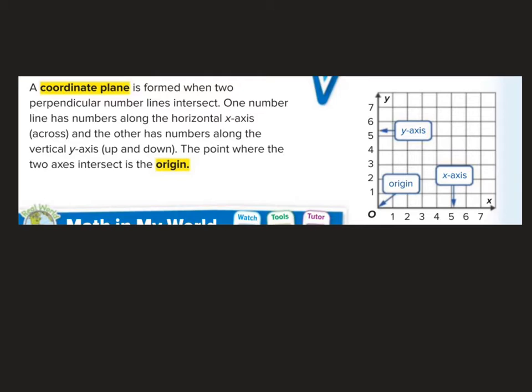Here we have a coordinate plane, and it's formed when two perpendicular number lines intersect. Remember, perpendicular lines are two lines that intersect at 90 degrees. All of these angles here make 90-degree angles. One number line has numbers going along the horizontal axis, the x-axis right here.